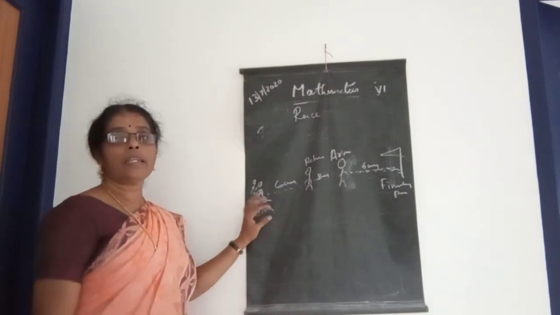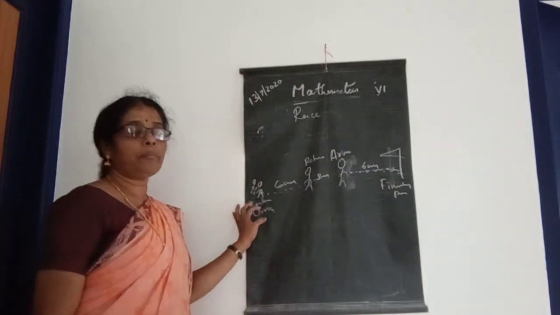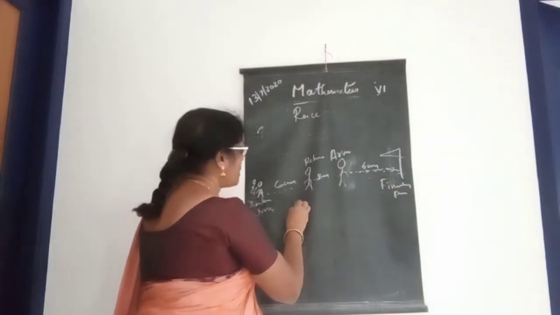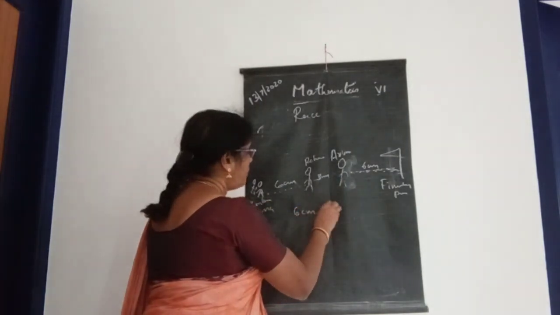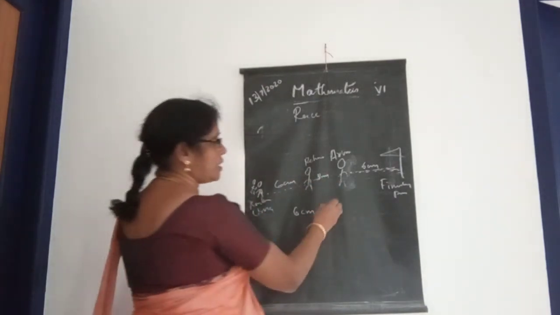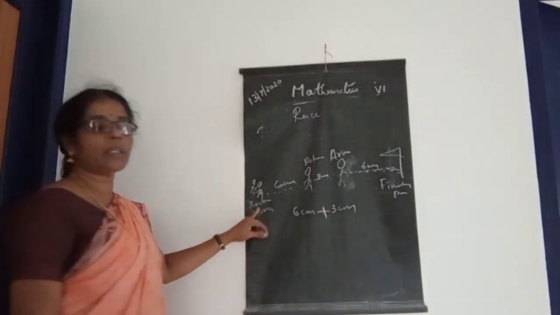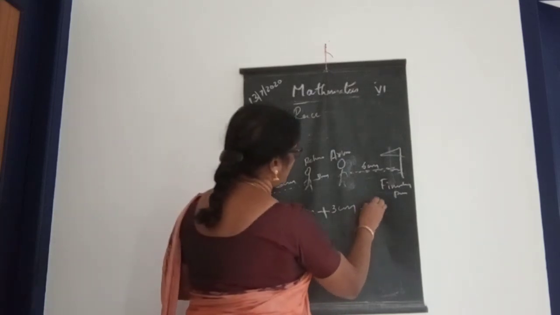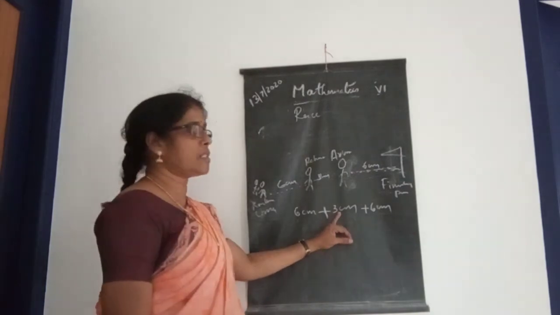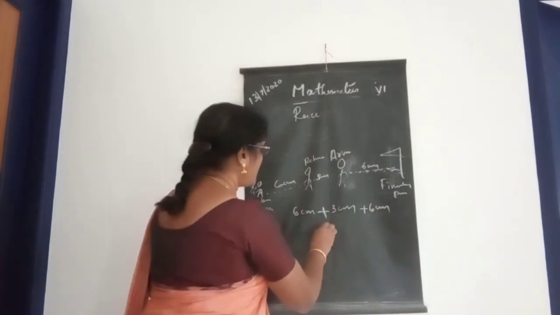From the finishing line to Arundhati, that is 6 centimeter, plus from Arundhati to Reina, that is 3 centimeter, and from Reina to Konkana and Uma, that is 6 centimeter. Then how much centimeter, children? 6 centimeter plus 3 centimeter, that is 9 centimeter, and 9 centimeter plus 6 centimeter, that is 15 centimeter.